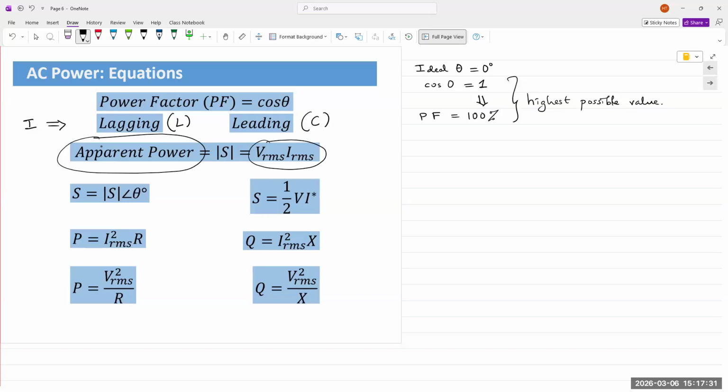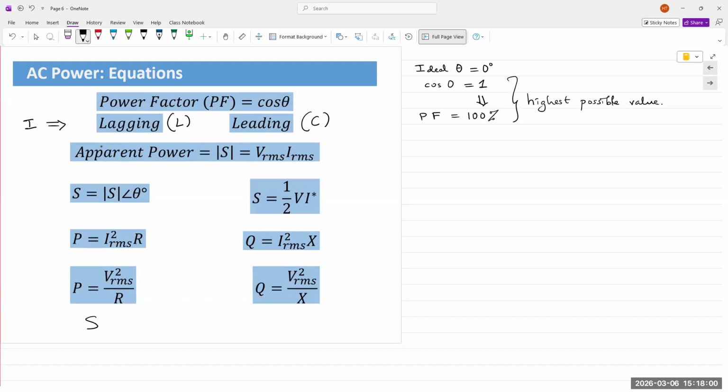When electricians, technicians, or engineers work on power lines, they need to know the absolute peak value of the voltages and currents. They also need to know the effective value of the voltage and current. So the product of the effective voltage and current, VRMS times IRMS, is the apparent power. That is the power that is apparent in the system. Hence it is known as apparent power.